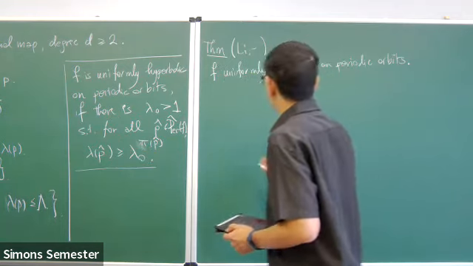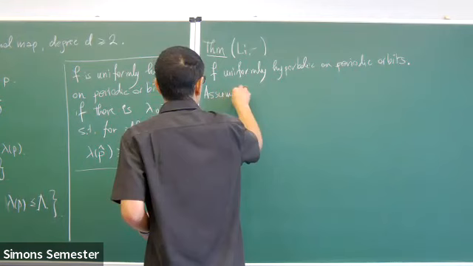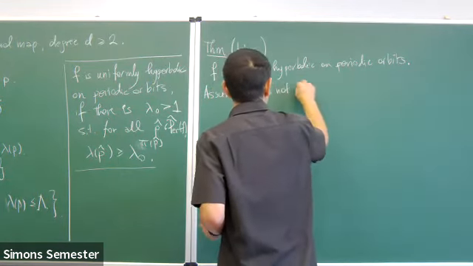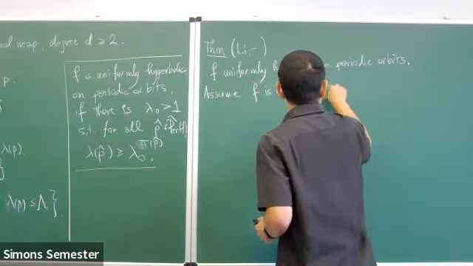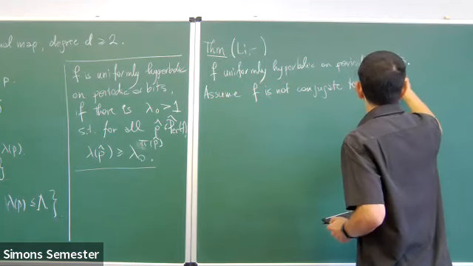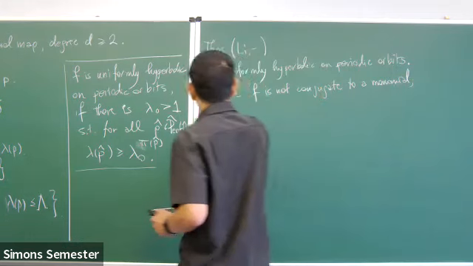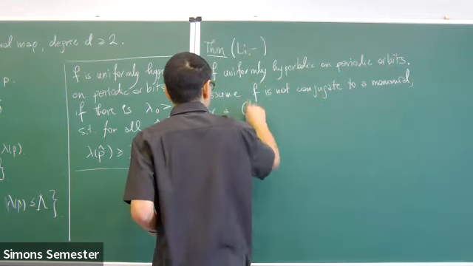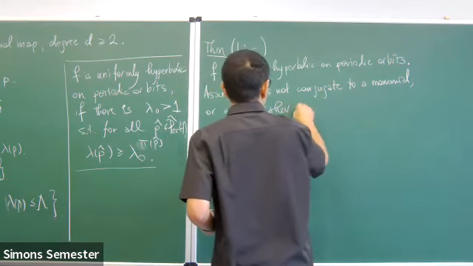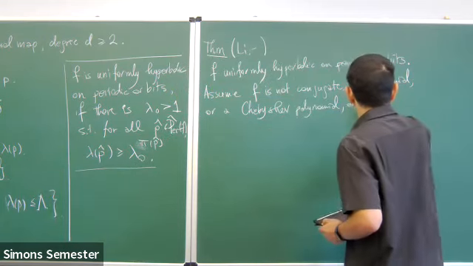So we assume that F is not conjugate to a monomial or a Chebyshev polynomial or a lattice map.